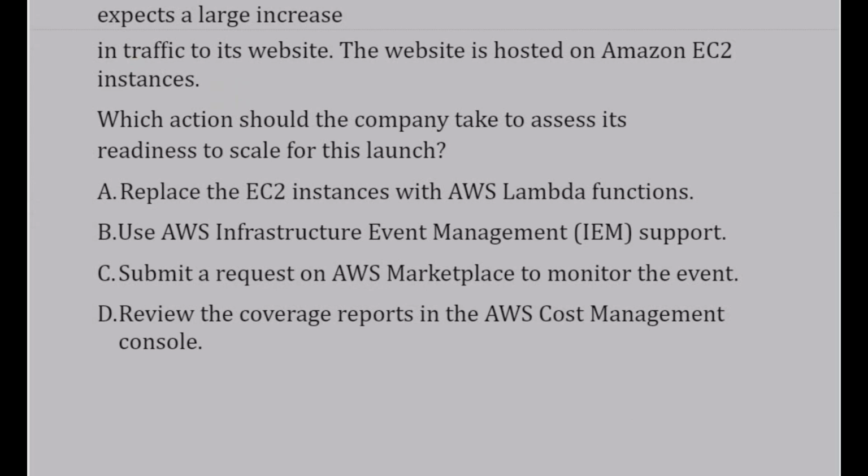Option A, replace the EC2 instances with AWS Lambda functions. Option B, use AWS Infrastructure Event Management IEM support. Option C, submit a request on AWS Marketplace to monitor the event. Option D, review the coverage reports in the AWS Cost Management console. Correct answer is option B.